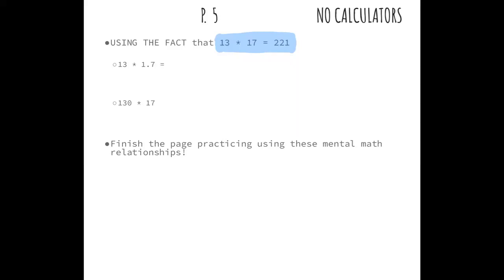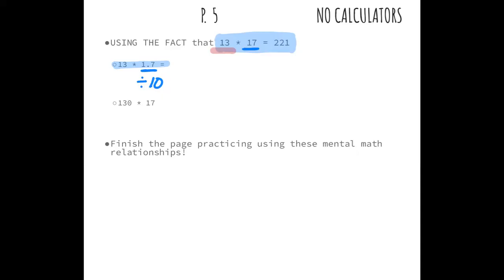Okay? So now as I look at this first space, we had 13, which is the same as what we had here, times 1.7. Well, what did we do to get from 17 to 1.7? We moved the decimal, which means we divided by 10, right?